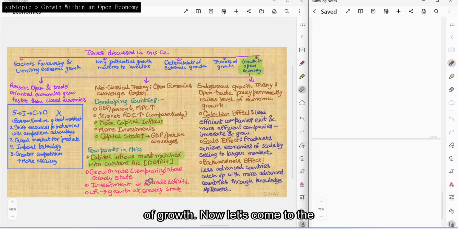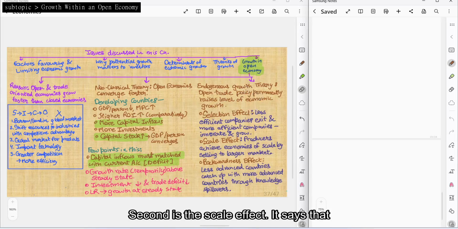Now let's come to the endogenous growth theory. Here the impact is that open trade policy permanently raises the level of economic growth. So here are the various mechanisms through which open trade policies increase the level of economic growth. First is the selection effect. It says that less efficient companies exit and more efficient companies innovate and grow.